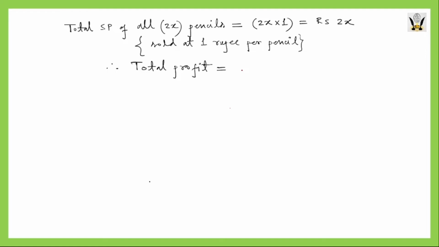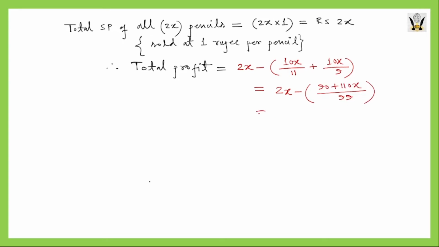So total profit will be the total selling price, which is 2x, minus the total cost price, which is 10x divided by 11 plus 10x divided by 9. If we simplify this, it will be 2x minus, here the LCM will be 99, so 90x plus 110x, then divided by 99. So it will be 2x minus 200x divided by 99.